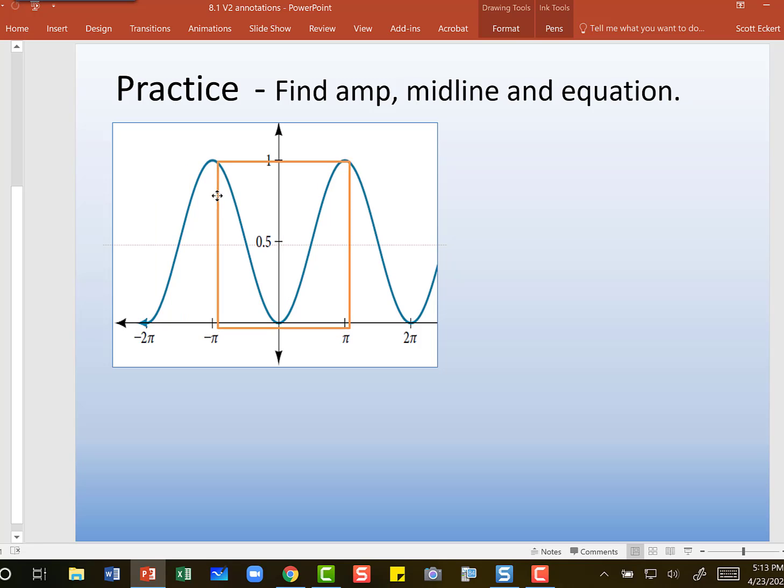I could make another box here, and that would be a cosine wave because it starts at the top and ends at the top. But it too has a horizontal shift. It's over to the left, and it's not wrong to build the equation off of this box. But if I put my window and get one complete cycle right on the y-axis, that means the horizontal shift is 0.